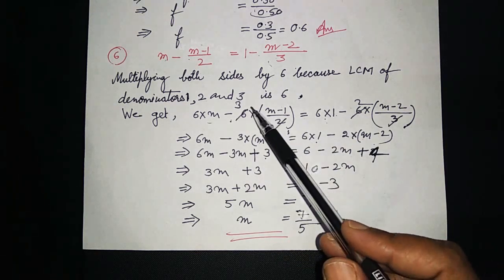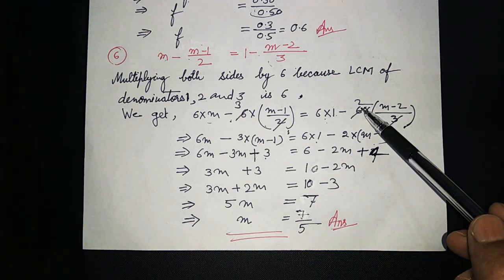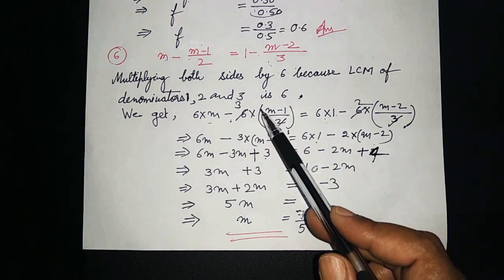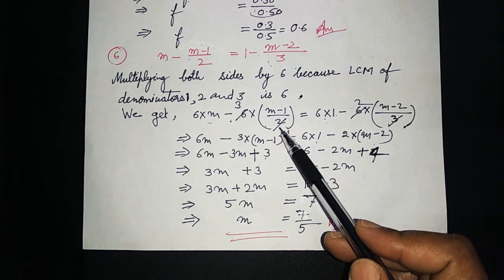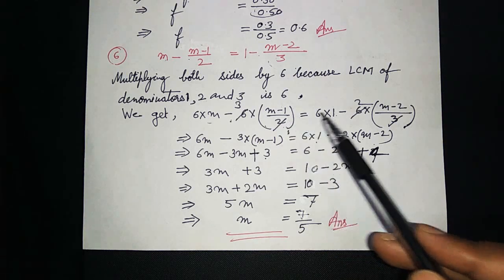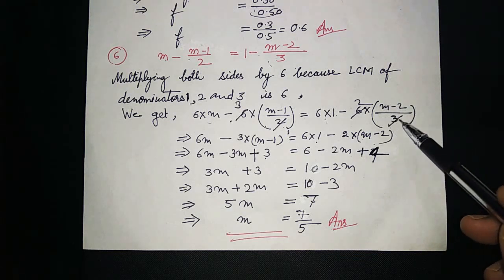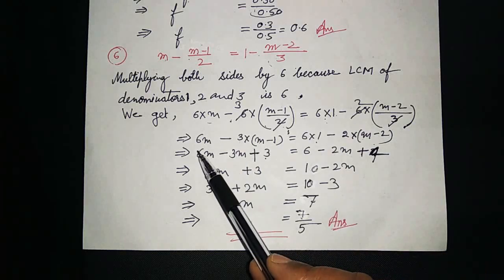Here 2 1s are 2, 2 3s are 6, and here 3 1s are 3, 3 2s are 6. And one more thing we have to keep in our mind, that we have to write here m minus 1 whole divided by 2 in a bracket, and on right hand side m minus 2 whole divided by 3 in a bracket. After simplifying it, see the next step.